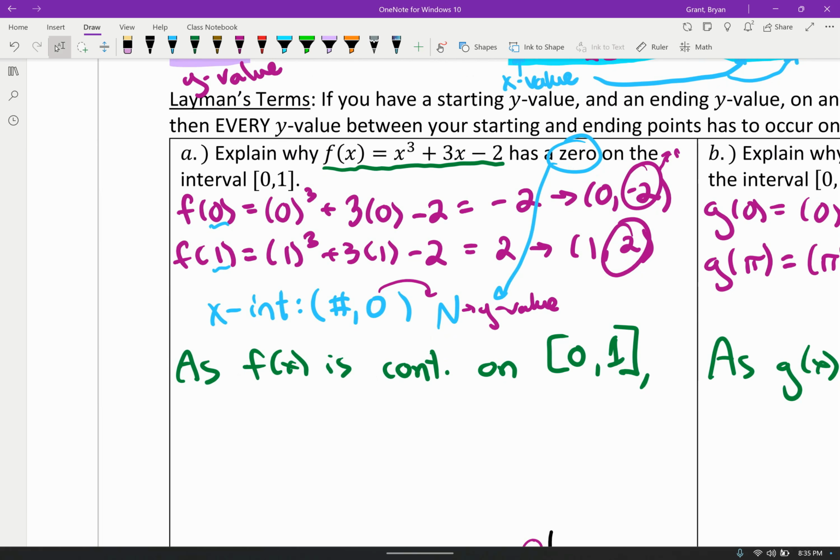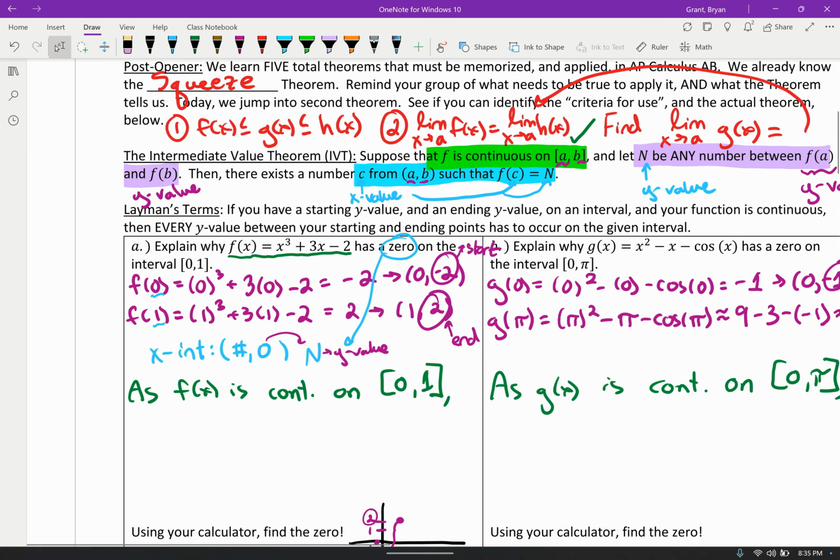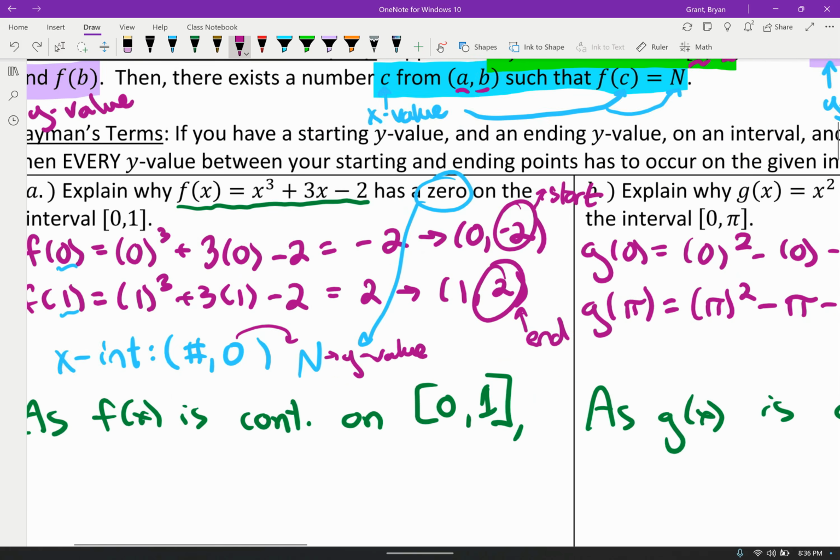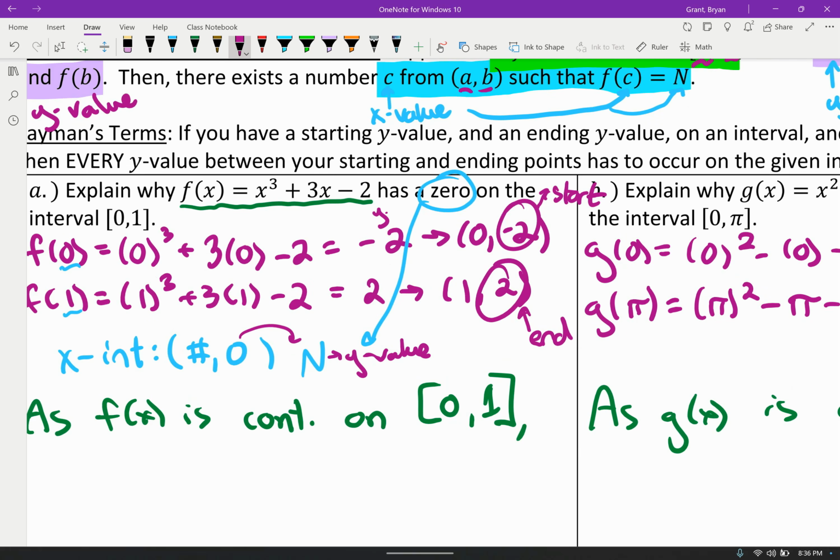We started at negative 2. We ended at positive 2. And what this intermediate value theorem is saying is that n is any number between the endpoints. So this question could have said, explain why f of x has a y value of 1 on the interval.